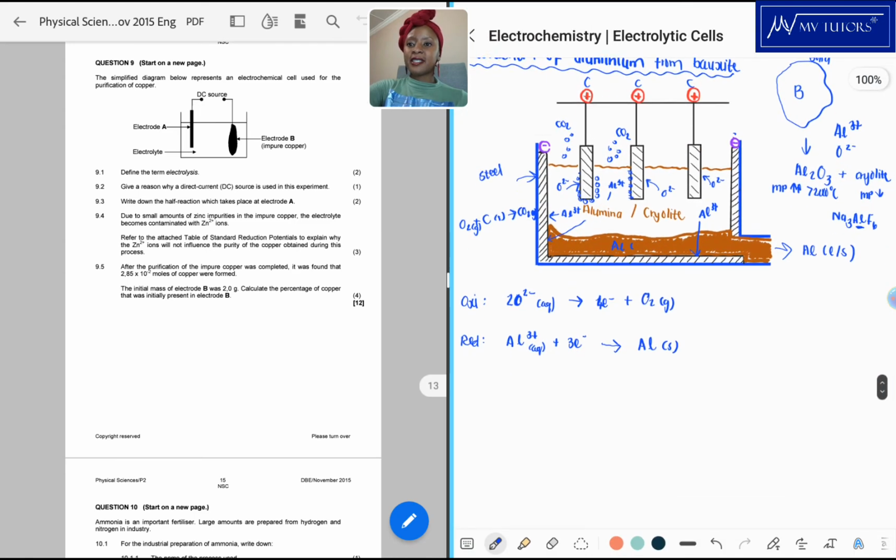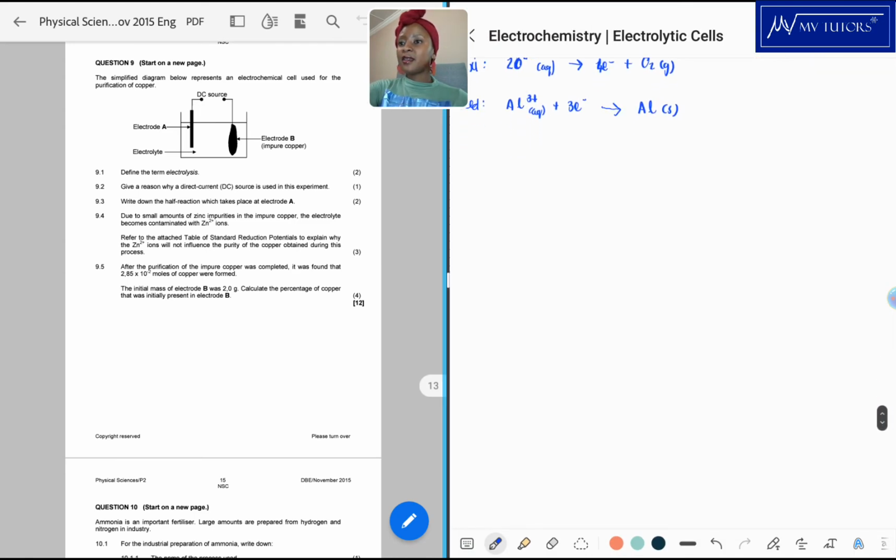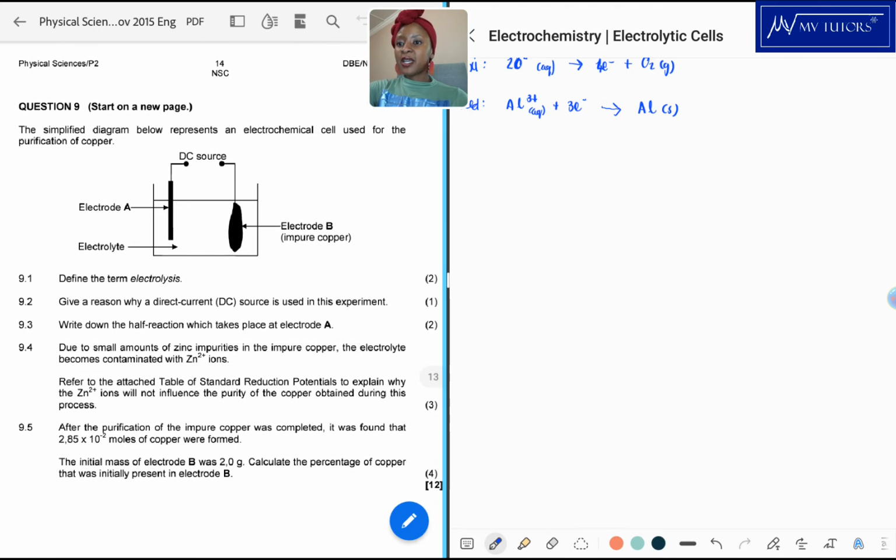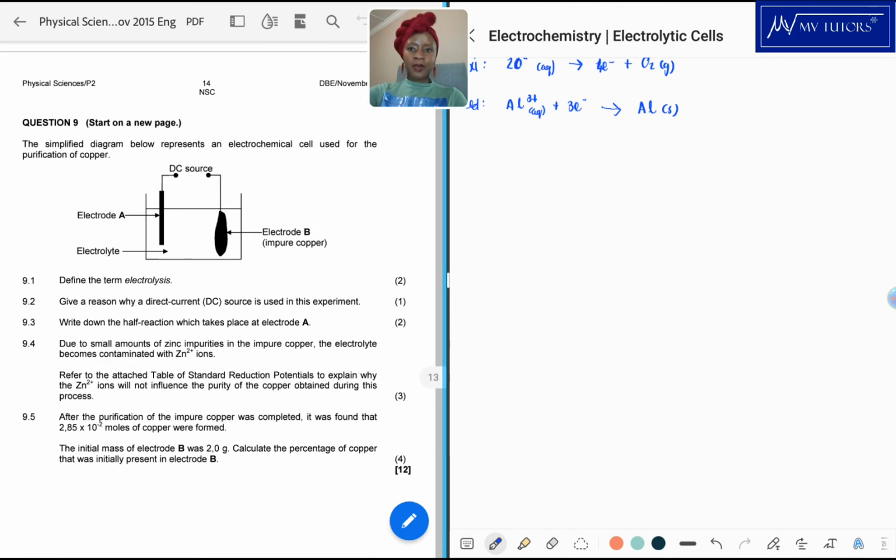And then after this, guys, we are done. This is 12 marks. This should go by quite quickly, I think. All right, it says the simplified diagram below represents an electrochemical cell used for the purification of copper. We've discussed this.